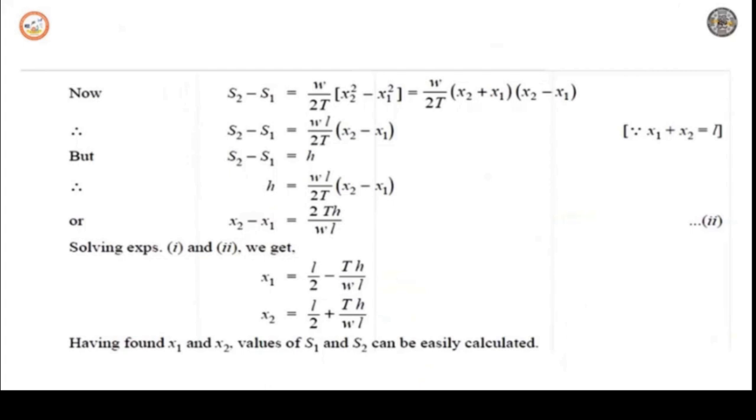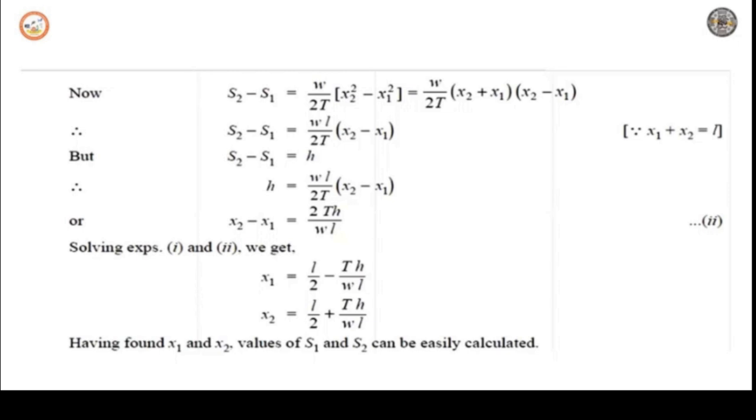Subtracting the first equation from the second, we get S2 minus S1. You can see the result here. It is W by 2T into x2 minus x1 into L. But it can be seen that the distance h, which is the difference in the levels, is also the difference between the two sags S1 and S2.